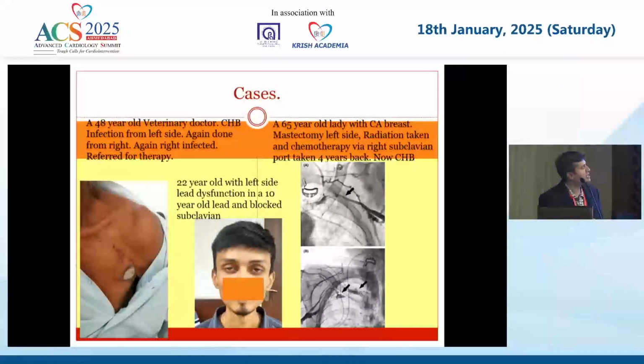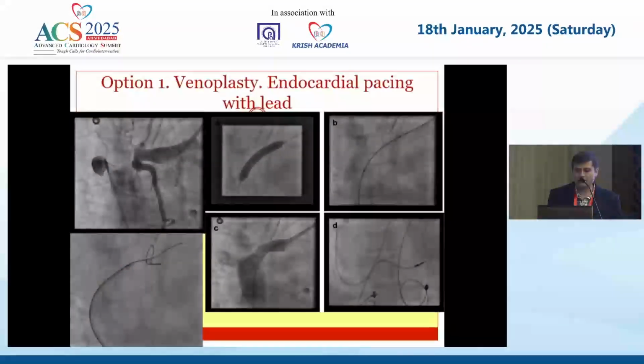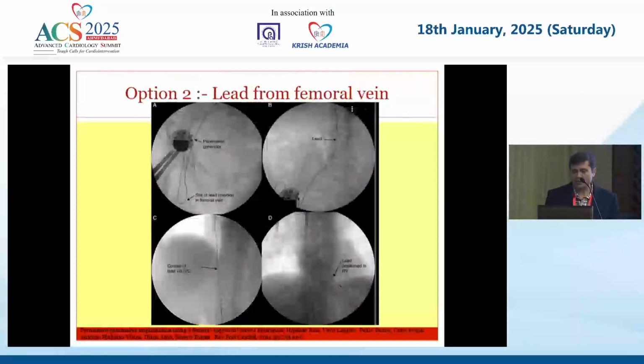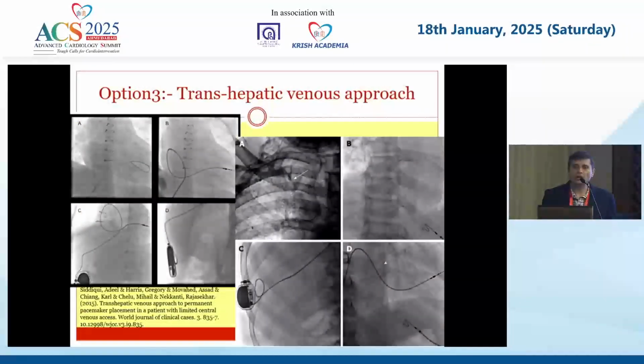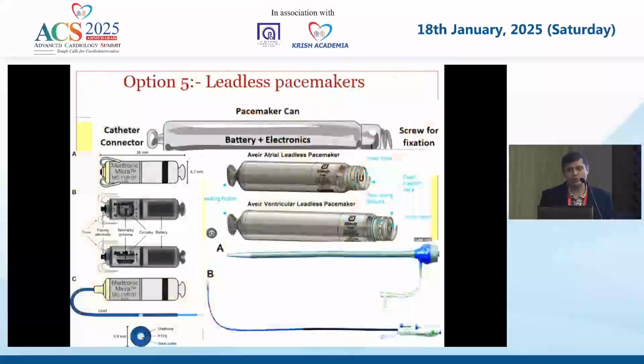If you have patients with infection or a closed venous system, you can go in for an endocardial lead with venoplasty. You can do it from the femoral vein, you can go transhepatic, you can go transjugular. But what is in is the leadless pacemaker, which can be implanted through the femoral vein.